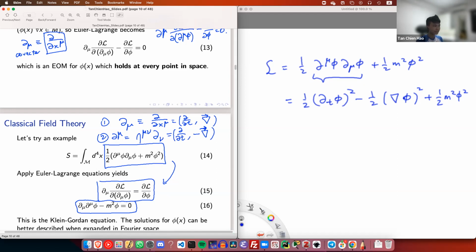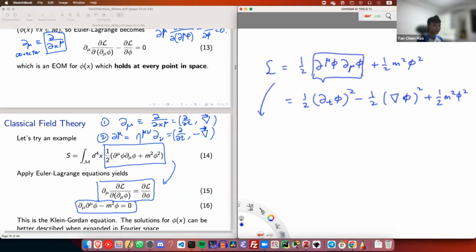Okay, I see. To be more explicit, if I expand this term out, it's a contraction. So I split it into two. The first one is partial t. This one is a vector: dx, dy, dz.